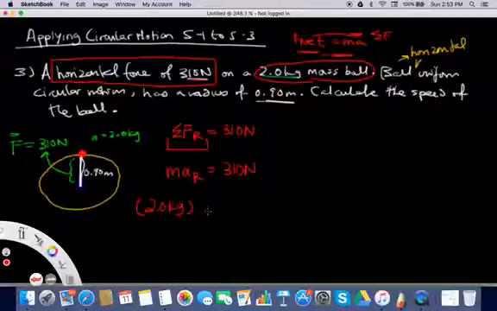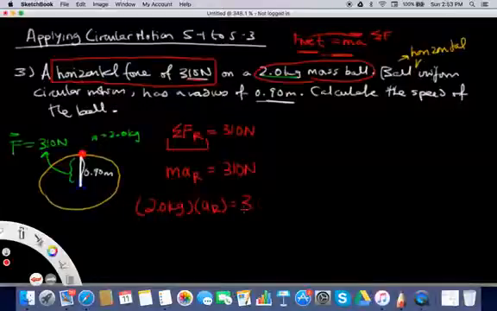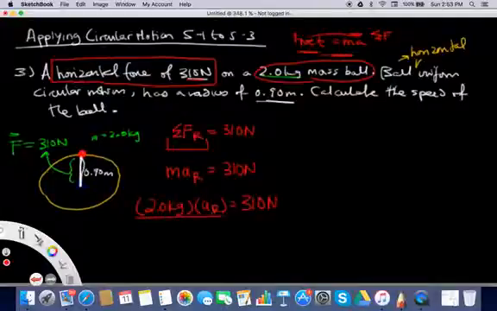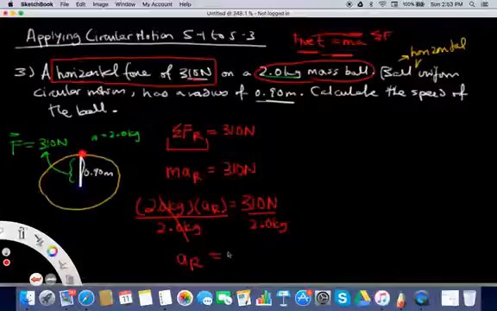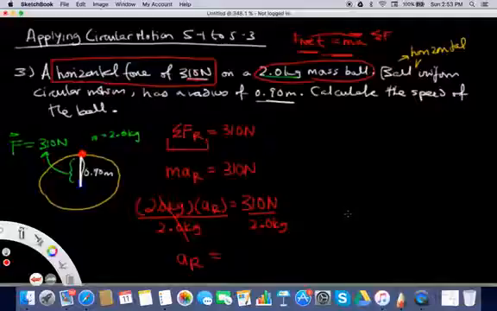Do they give us our centripetal acceleration? No, they really don't. But can we find it? Yes, we can. Well, we use algebra and we divide both sides by 2.0 kilograms, and we get that our centripetal acceleration is equal to 310 over 2.0, which is 155 meters per second squared.